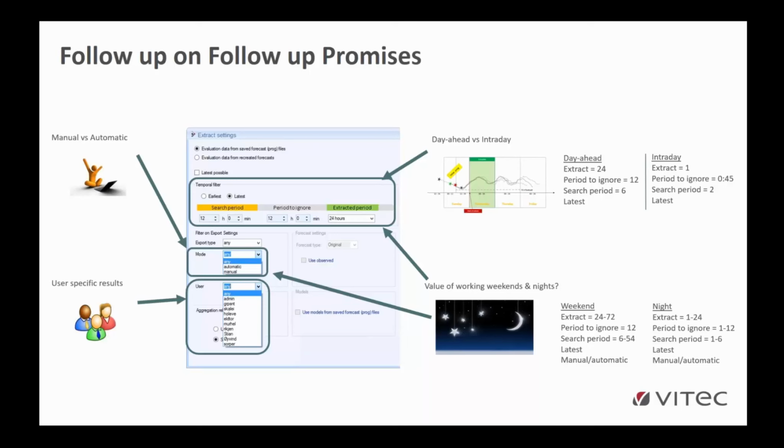And important to stress here is that we have a lot of options, you can look at a lot of different things, but the aim is that once you have set it up, so when you have set up an extract setting for manual weekend forecasts, then it's already set up and it's just one click away to choose that option, and then you can easily evaluate it, as well as automatic and manual and day ahead or intraday or weekly forecast and so on.